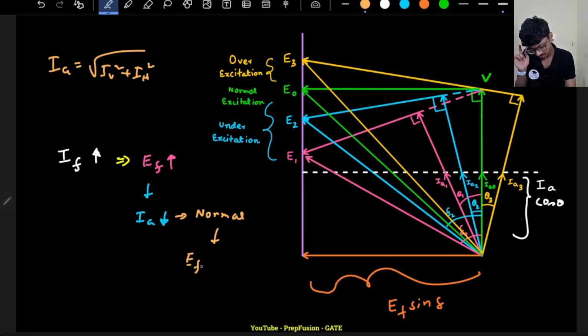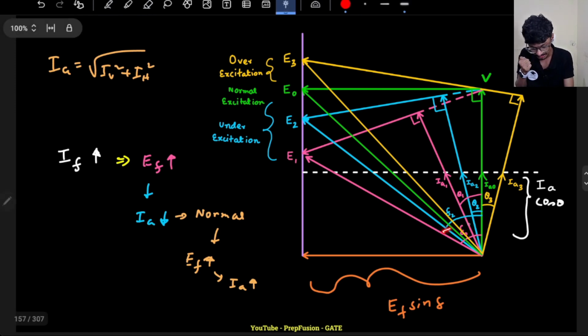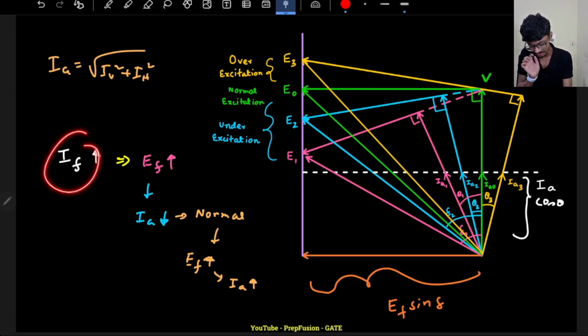EF still increases, because IF is always increasing, but this time IA also will increase. What about theta? Initially theta is reducing, and theta determines the power factor. It reduces because as I increase the excitation, EF is increasing, and if EF is increasing, sin delta is reducing.